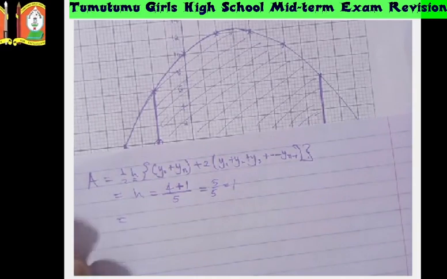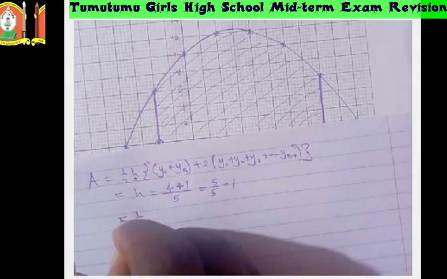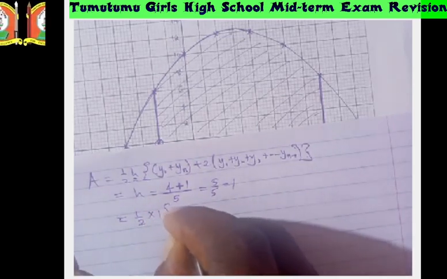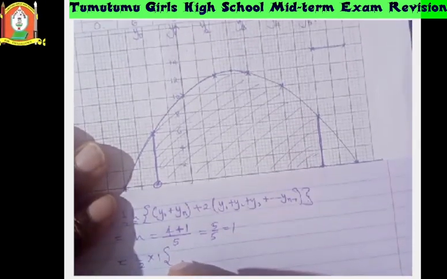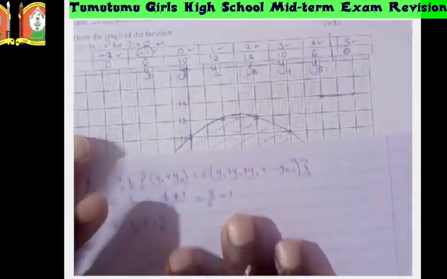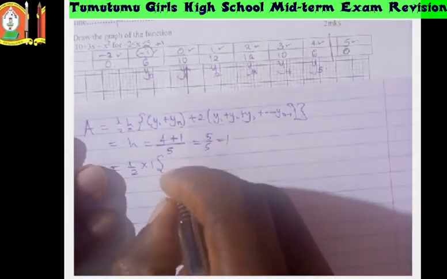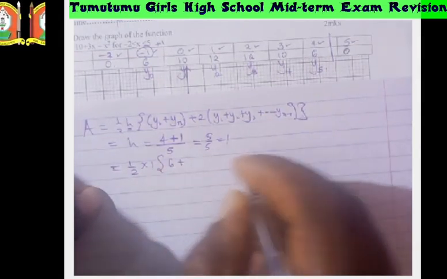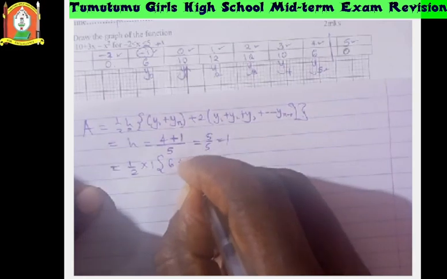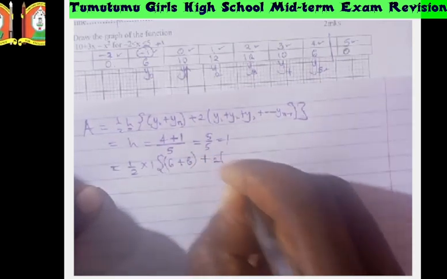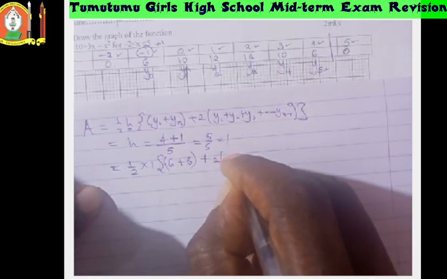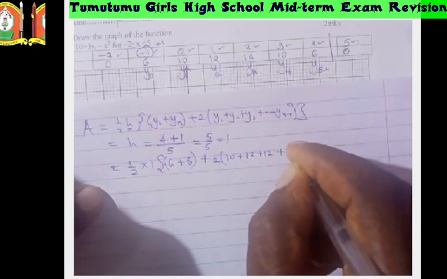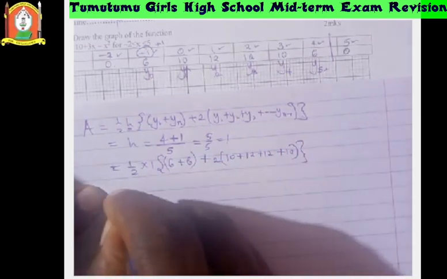So area will be equal to a half times h, our h is 1, into y0, our y0 is 6, and the y5, the last one, is 6, then plus 2 into the sum of the others, 10 plus 12 plus 12 plus 10, then close bracket.